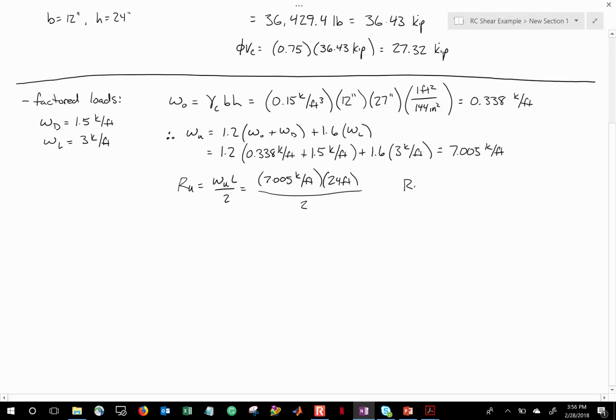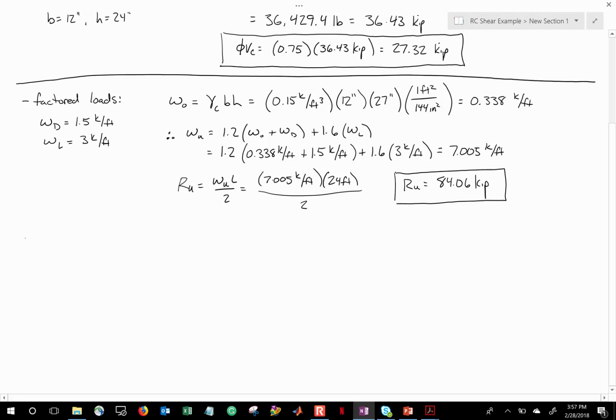So RU is 84.06 kips. This is actually a really important value to look at, especially when you compare it with this.